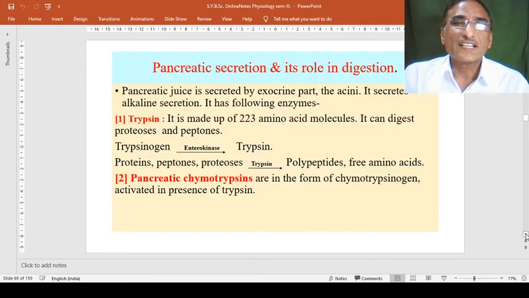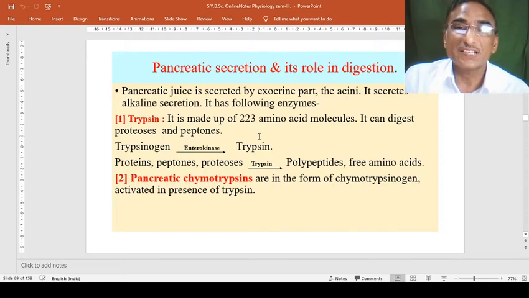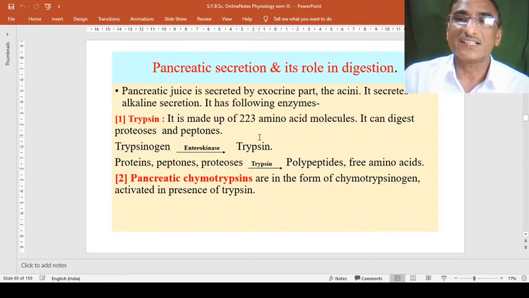Next, the pancreatic juice is secreted by the exocrine part, that we have already seen. It is secreted from the acini, or small lobules, in which the pancreatic juice is stored, and it secretes an alkaline secretion whose main content is trypsin. Trypsin is made up of 223 amino acid molecules, and it can digest proteoses and peptones. So we can see here a simple reaction: trypsinogen is converted into trypsin in the presence of the enzyme enterokinase.